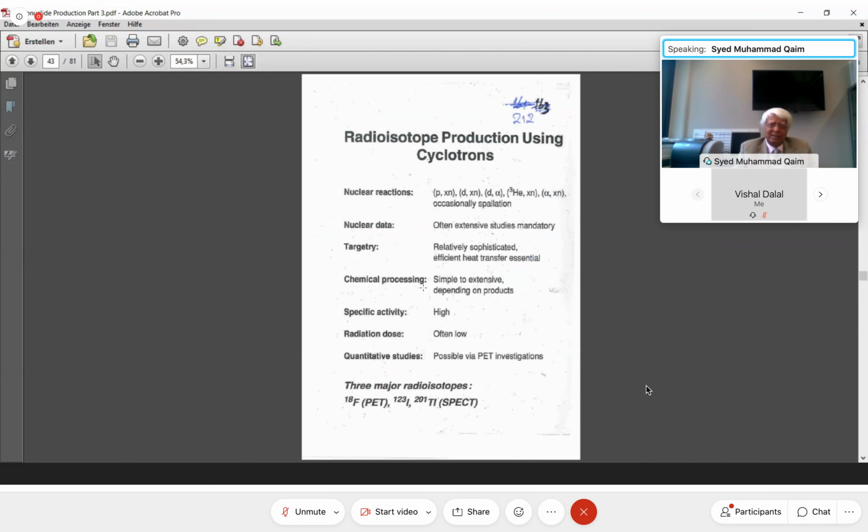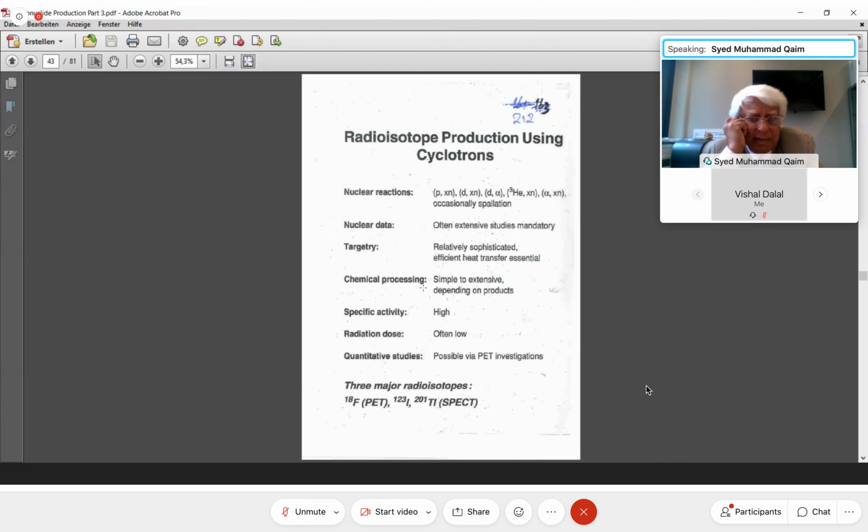What are the characteristics of cyclotron isotopes? What are the reactions? There are many reactions here. They're all charged particle-induced reactions. It could be simply a neutron emission, PXN, DXN. PXN could be PN, P2N, P3N reaction. DXN could be DN, D2N, D3N.